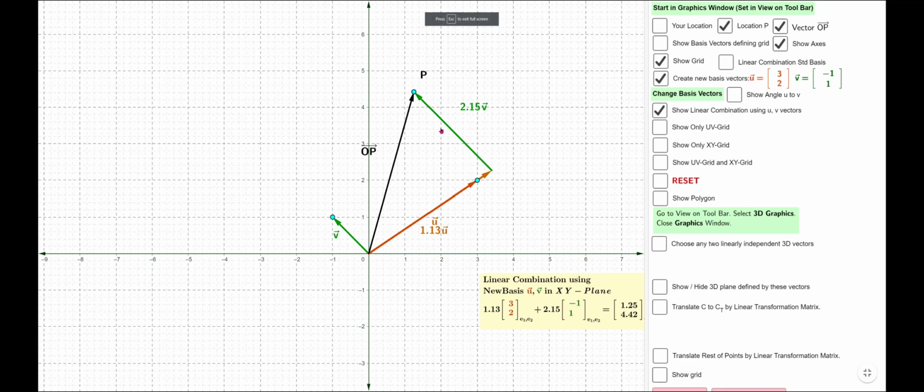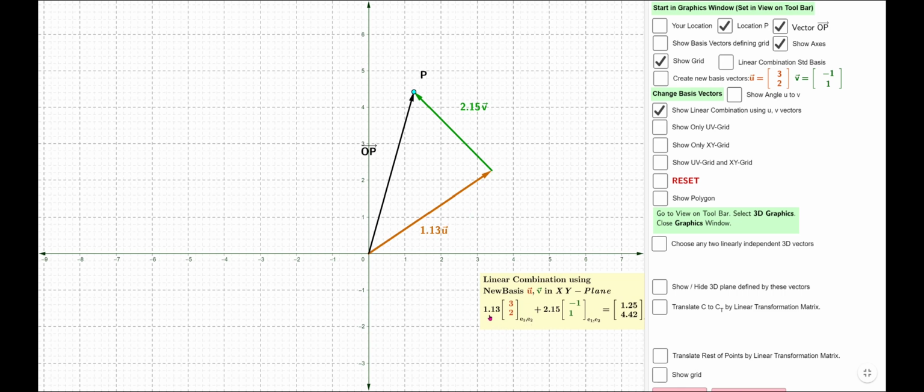Okay, so I can express any vector in the vector space, represented by this black vector here, as a linear combination of the U and the V, right? And you see in here that this black vector is a linear combination of the U and the V, right? And the software over here is actually working it out for you.